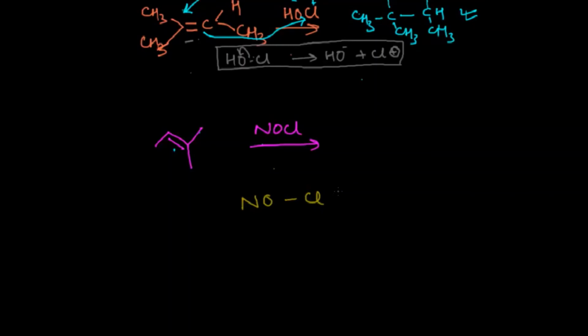It's not. This is a wrong description. So remember, what is the basic structure of NOCl? It is something like this: N double bond O, and here is Cl. Out of these, N will acquire partial positive charge and Cl will have negative charge. Therefore the product would be something like this.